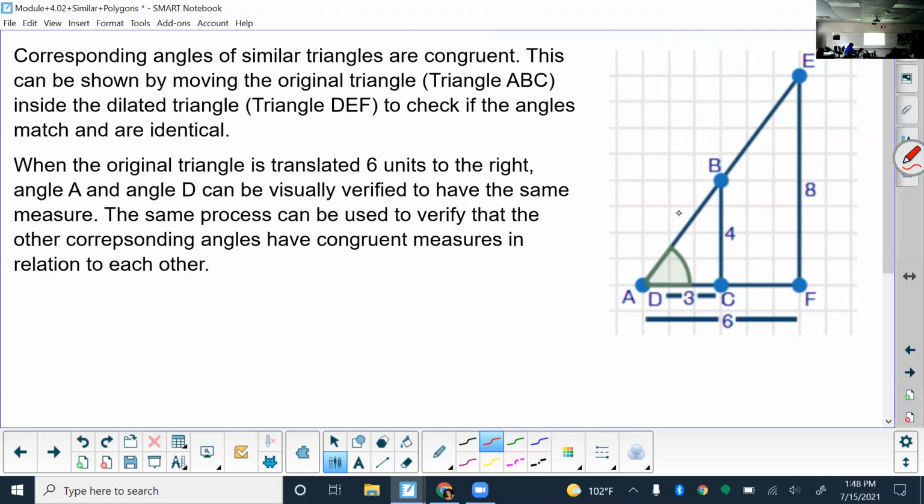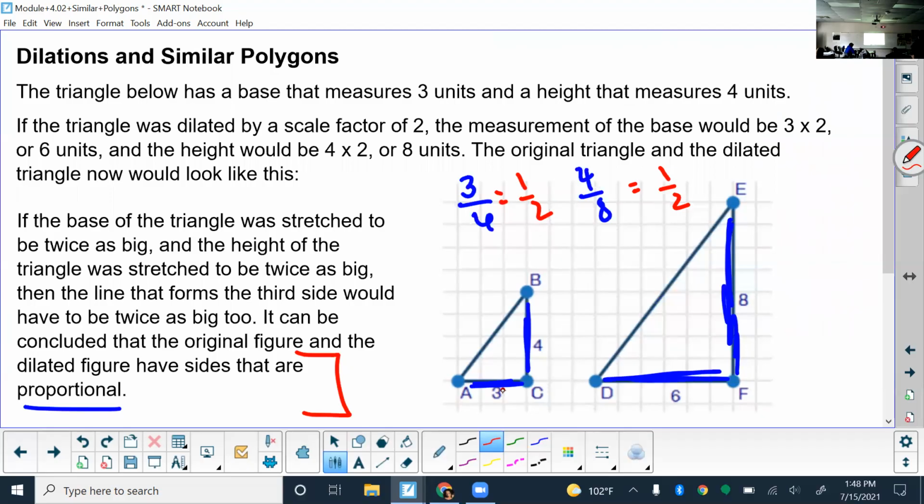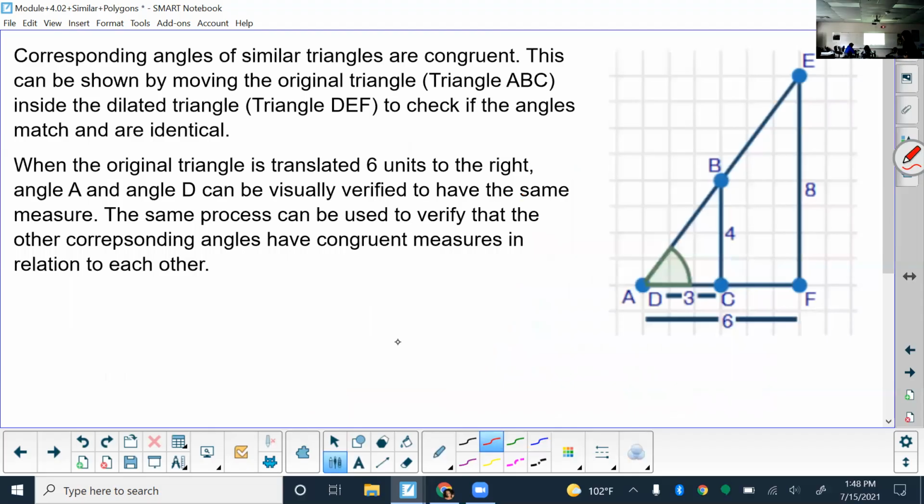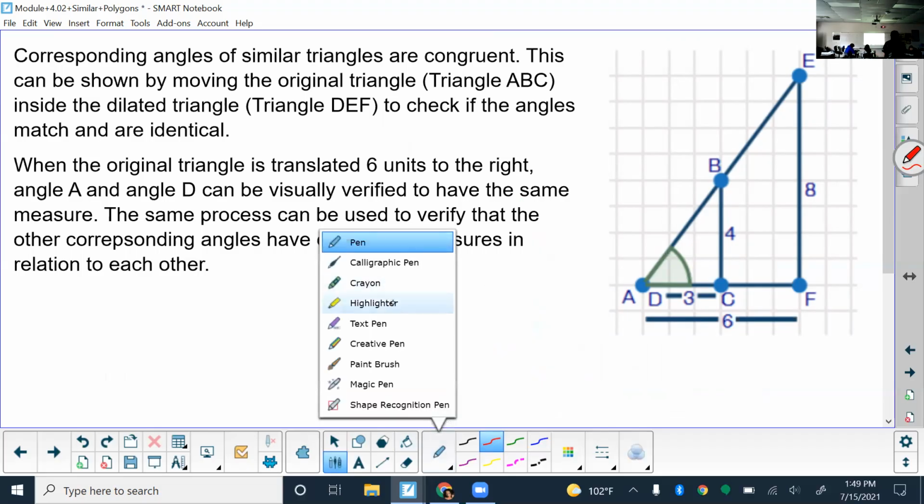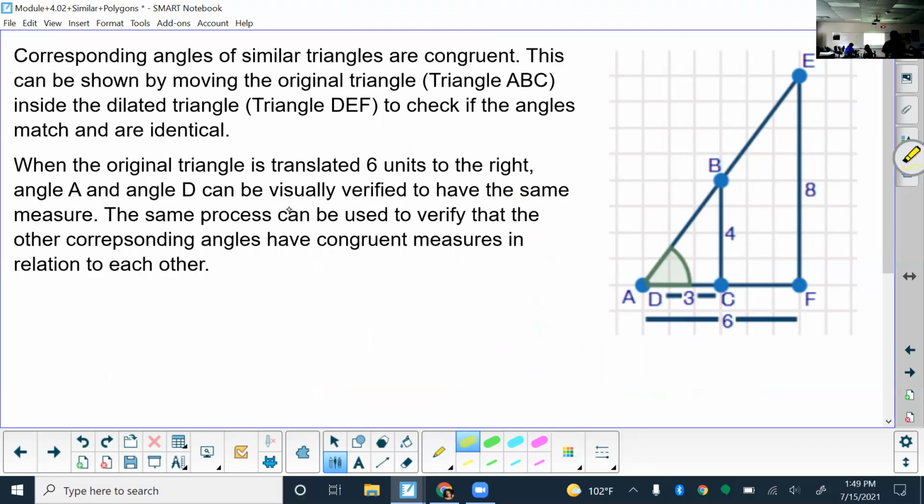So if I just translated that first triangle to the right, 1, 2, 3, 4, 5, 6 spaces that I needed to go to the right. And this is the image it creates. So look at the angles. Do they all look exactly the same? All right, so we can visually verify that they have the same measure.